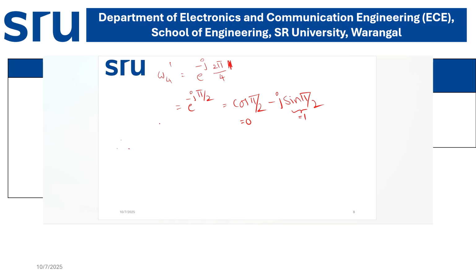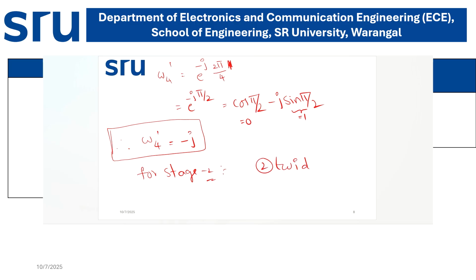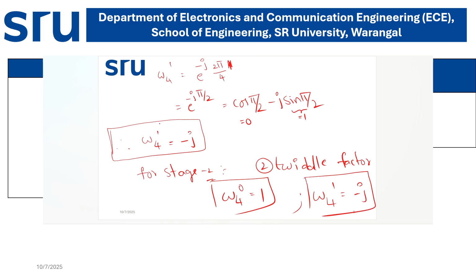So therefore, omega 4 power 1 is equal to minus j. So for stage 2, if I write the final statement, I have two twiddle factors, and first twiddle factor is omega 4 power 0, the value is 1, and second twiddle factor omega 4 power 1, the value is minus j.